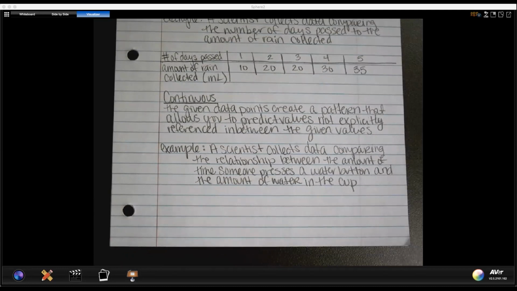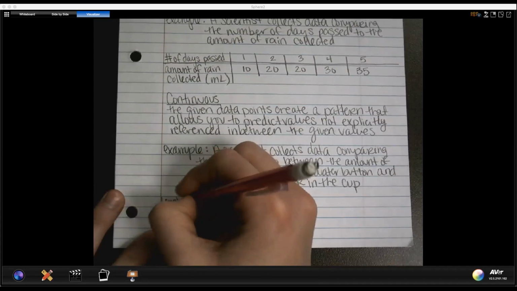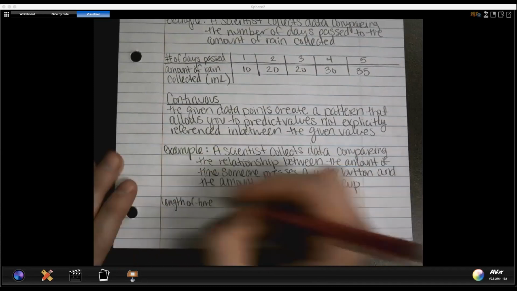Good. Okay. And so when we're thinking of a water button, we're thinking like on a refrigerator or a water fountain, where you push the bottle against the sensor or push the lever, a water button in that regard. So good. So length of time the button is pressed.